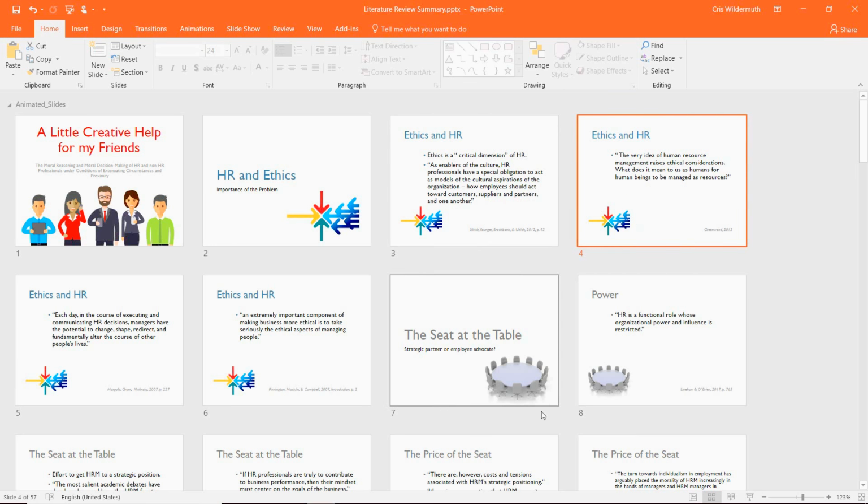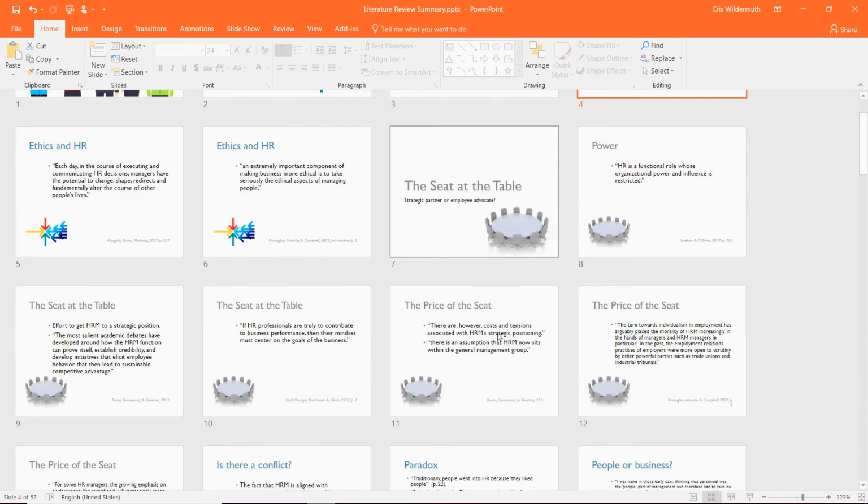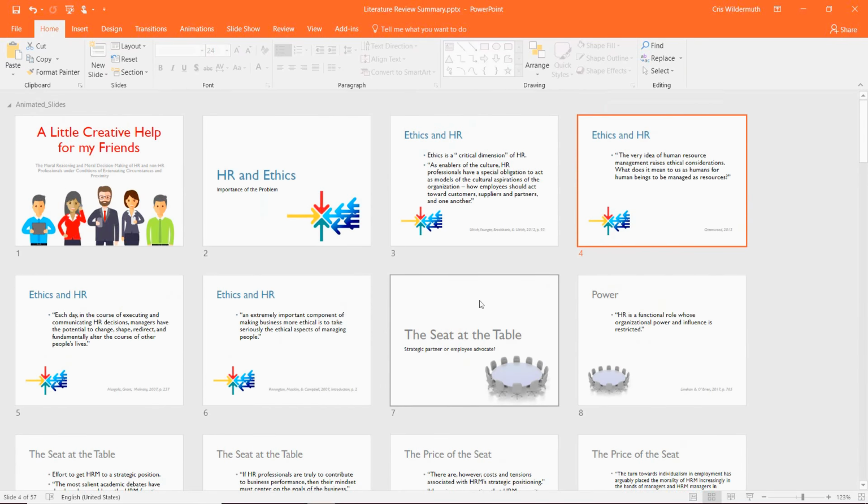Or maybe I want to move these around and talk about the famous seat at the table that HR professionals keep wanting to have and move that earlier. So you see how it works as if I had a set of index cards, and instead of manually piling them or arranging them on my table or post-it notes on my table, I can actually arrange them quite easily.